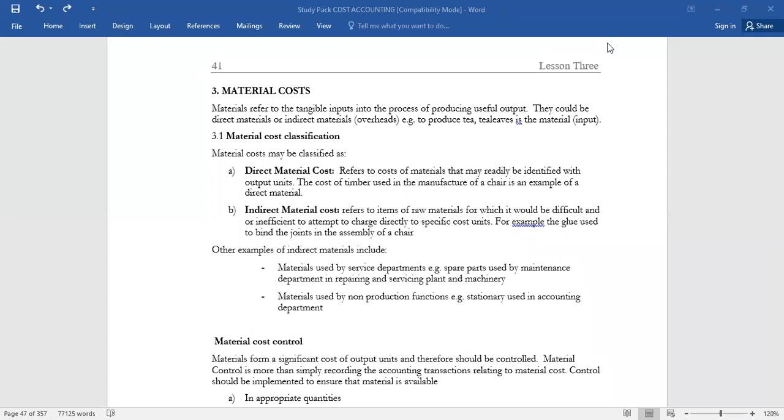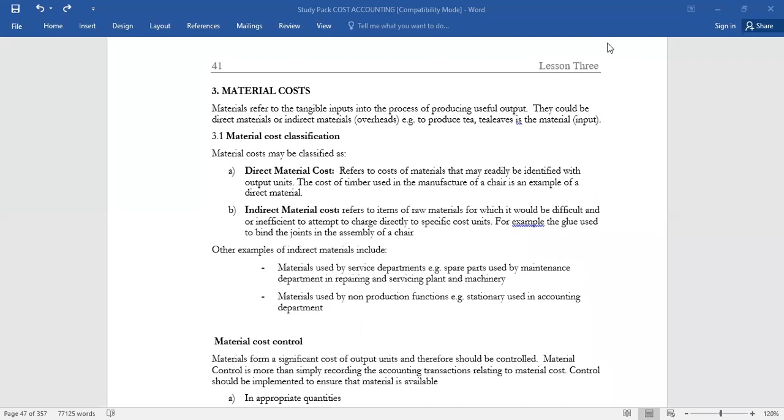So farmers have to pick the tea and bring to the factory. Then from there, you have your material to start producing the tea. If it is sugar, you need the sugar canes to be delivered to the factory. Then you start building your cost.